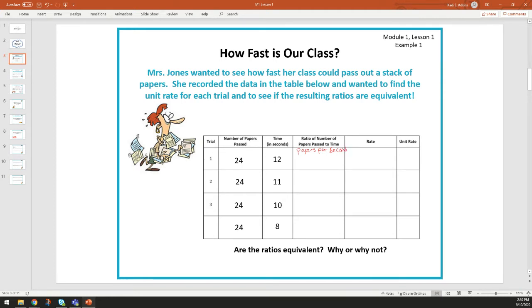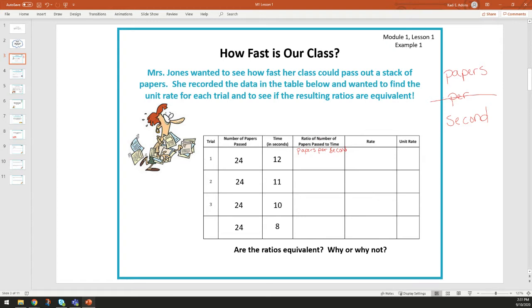papers per second. Now, I always tell my students every time we're asked papers per second or anything per another measurement, what we're going to do is we see that word per and we're going to slash through it. That creates our fraction or our ratio.